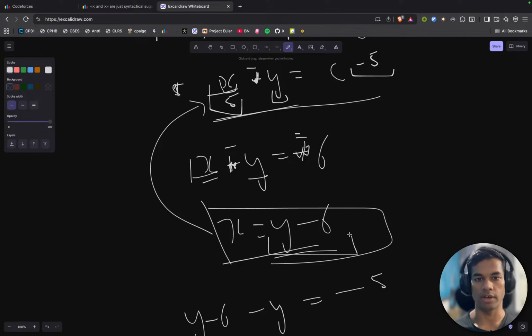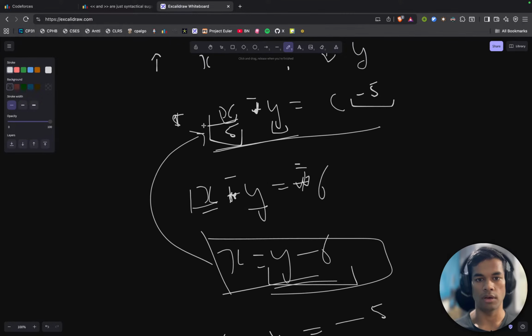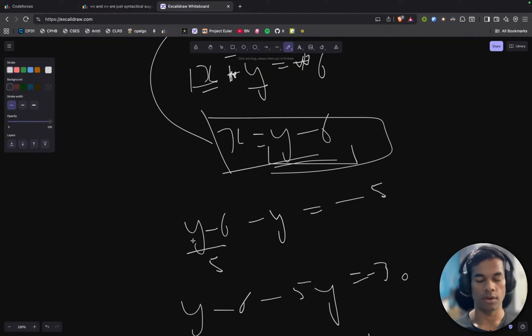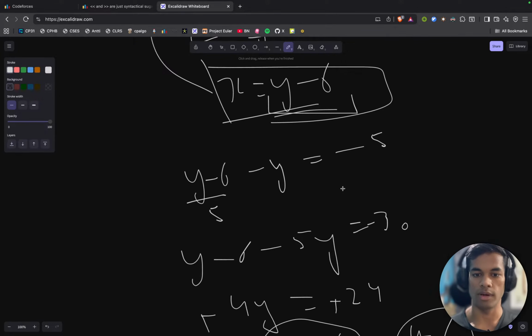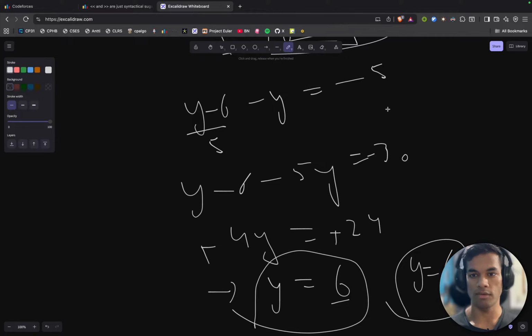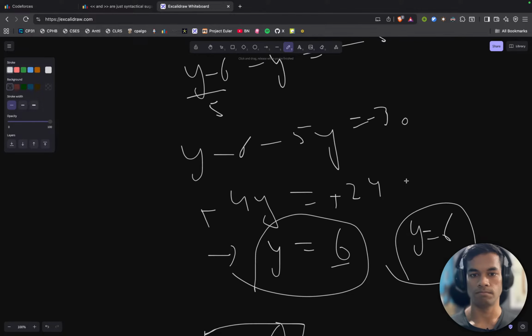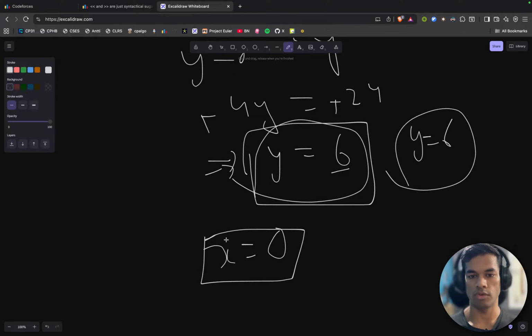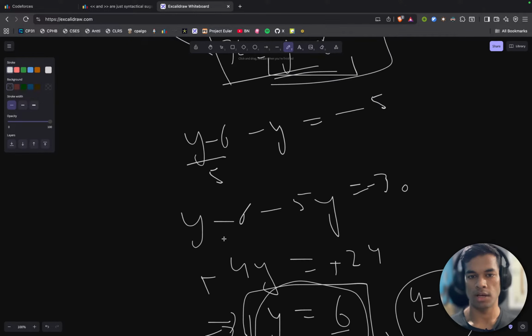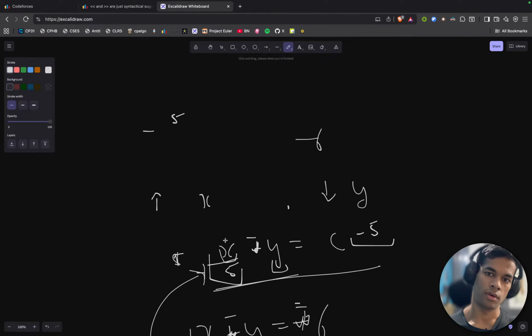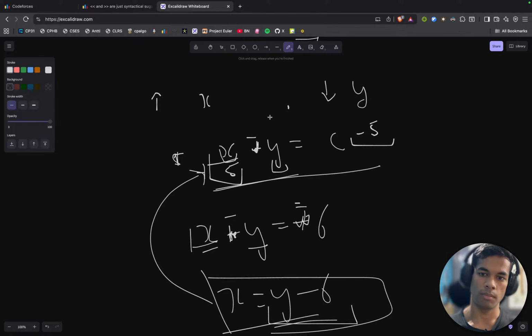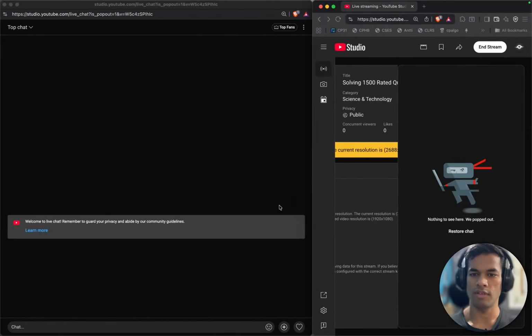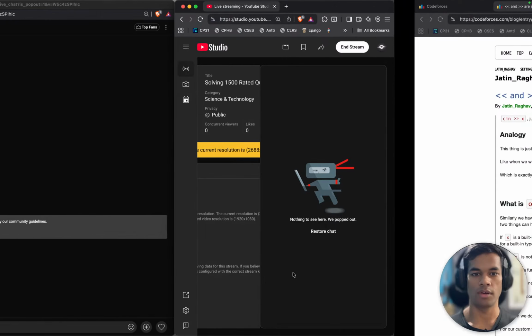So y minus 6. Now we put this here. We have y minus 6 by 5 minus y equals -5. Multiply by 5 on both sides. Yep, 6 is the total number of downvotes and 0 upvotes. And if we put plus 6 here, we would not get -5. How is this basic algebra not working out?